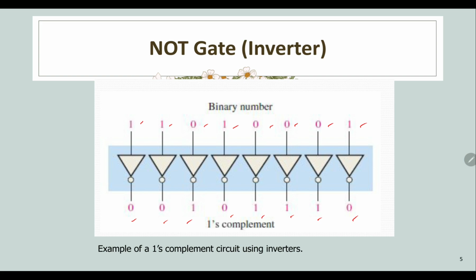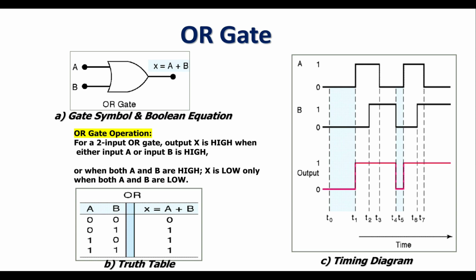You are good? Okay. Next, we move to the OR gate. How to see the truth table and timing diagram for the OR gate. The OR gate performs the operation of plus.